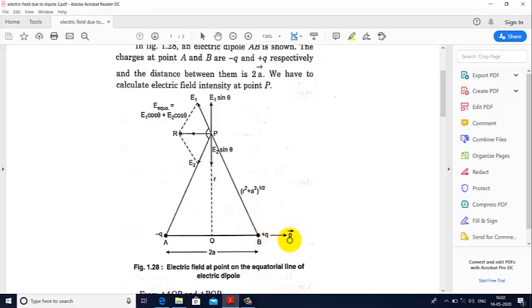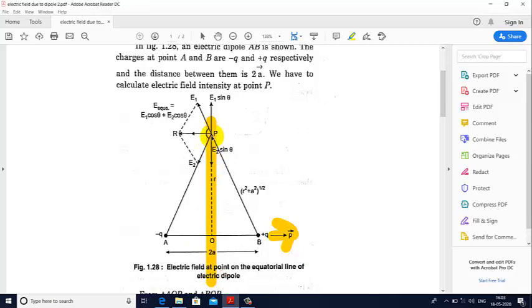The direction of P, that means the dipole moment, is from the negative charge to the positive charge. So this is the direction of P cap or vector P. Any line that is perpendicular to this electric dipole and which passes through the center of this dipole is known as the equatorial line.